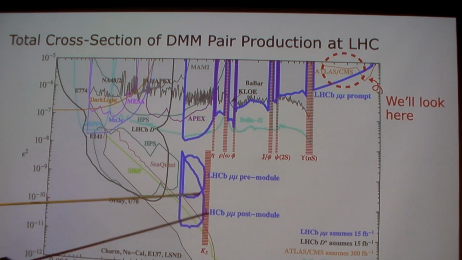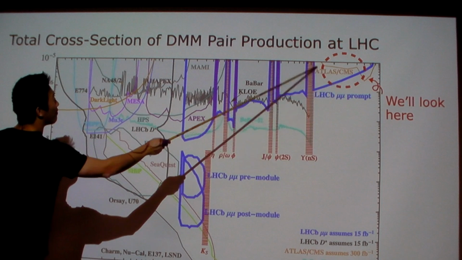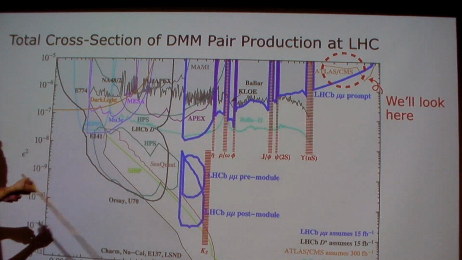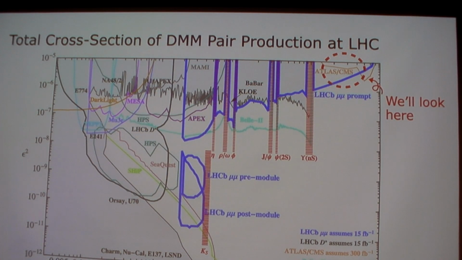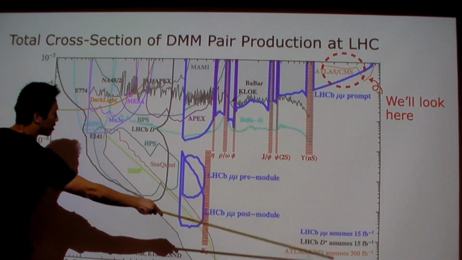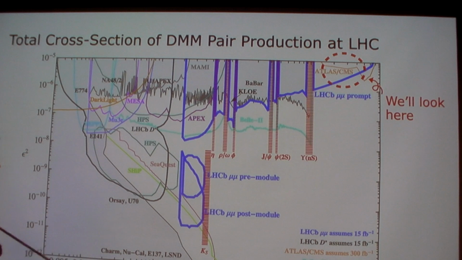Let's say maybe we can look at this region, which hasn't been ruled out yet, but can be probed in future experiments, and maybe we can find a dark photon, and what we are doing is relevant. So this is something like 50 GeV for the dark photon mass, and the coupling is like 10 to the minus 2 or 10 to the minus 3, because it's squared.